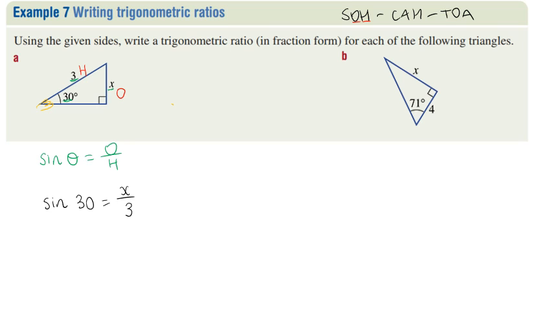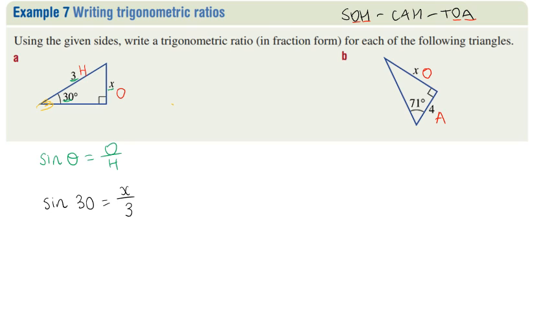Okay, so label the triangle first. The hypotenuse doesn't have any value, so we won't label it. Put my finger on the angle, and so that must mean this is the opposite side, and this is the adjacent side. So if I've got O and A, that's tan.